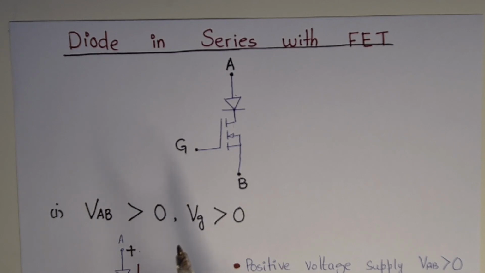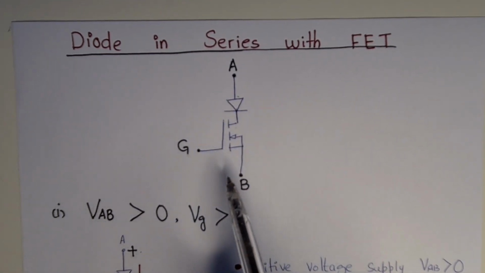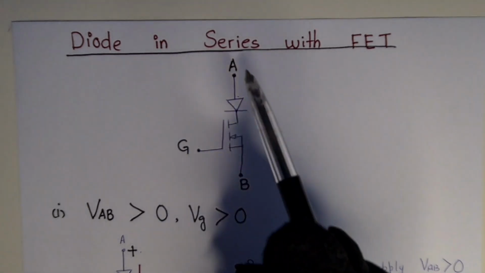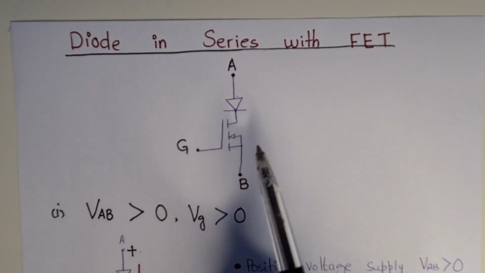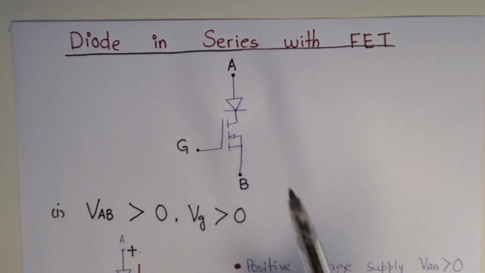Here I have another example in which I have taken a diode in series with a FET. This is the FET. We have the gate terminal, and I have marked the terminals as A point and B point. This will be the source terminal.